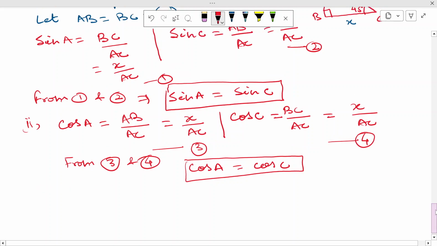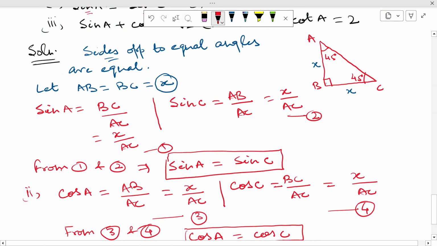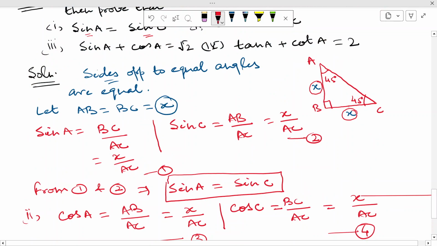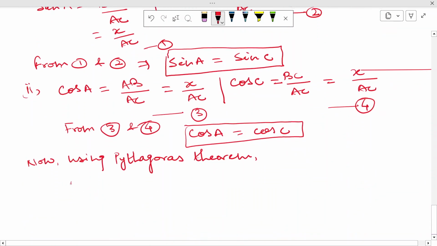Here we consider that AB is x and BC is also x because they are the sides opposite to the equal angles. Using the Pythagoras theorem, AC is the hypotenuse, so AC square is equals to AB square plus BC square.